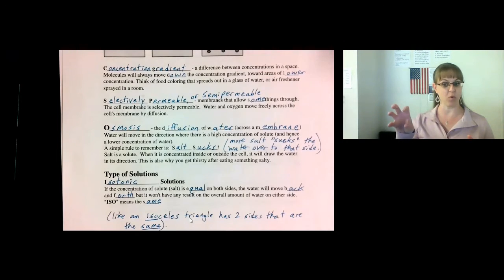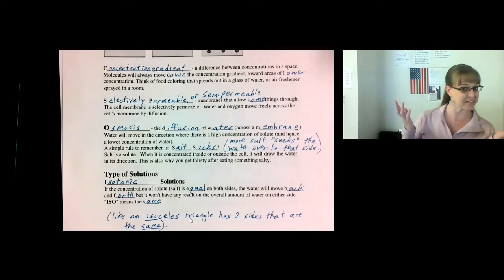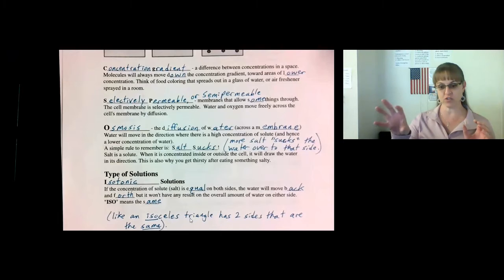This one has more water because it's just water. This one has salt and water, so the water is watered down by the salt. So we have more concentrated water in the pure water and water that is diluted by salt over here in the salt water.